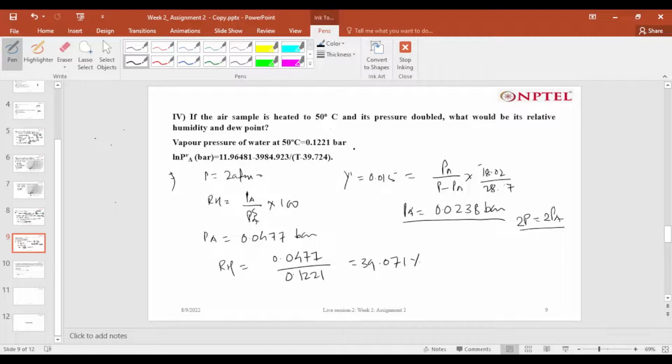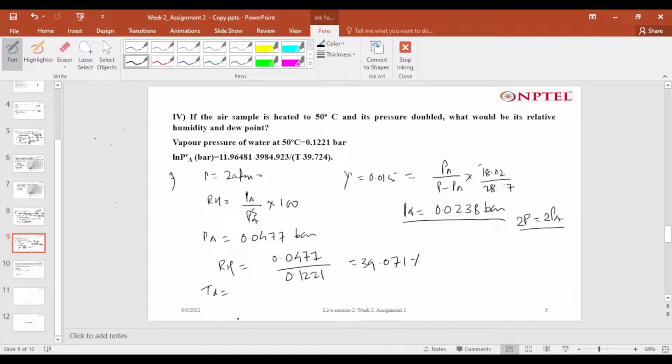Now to calculate the dew point temperature. Generally, to calculate the dew point temperature, use the psychrometric chart. But here we cannot use it, because the psychrometric chart is prepared at one atm pressure, and here two atm is mentioned. So to calculate the dew point, use the Antoine equation.